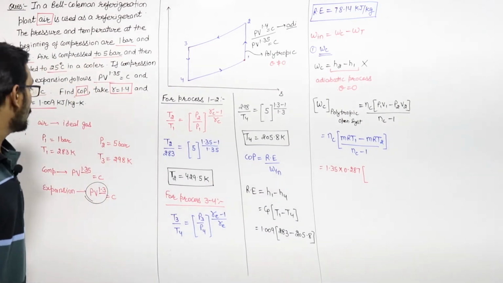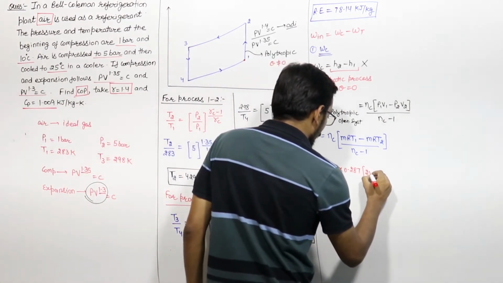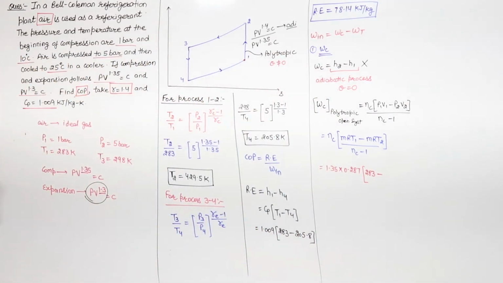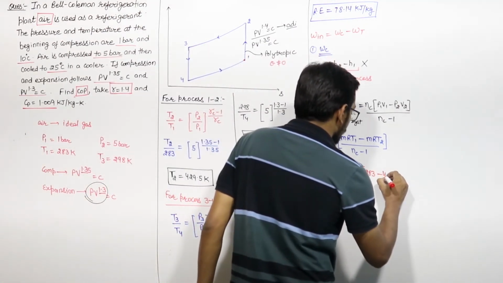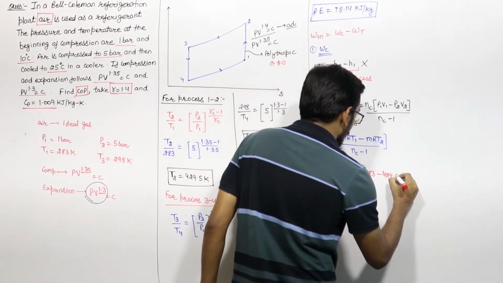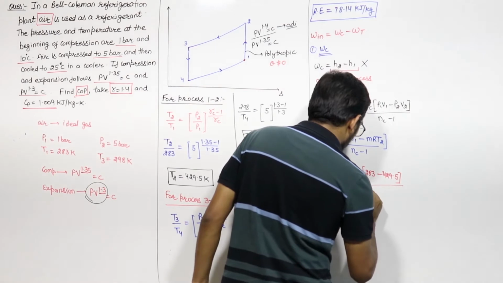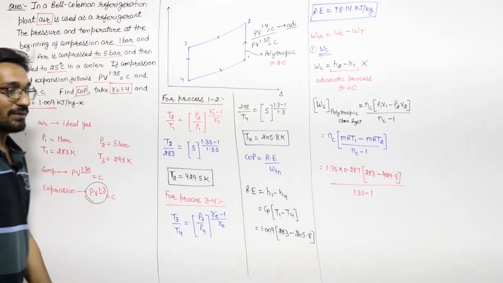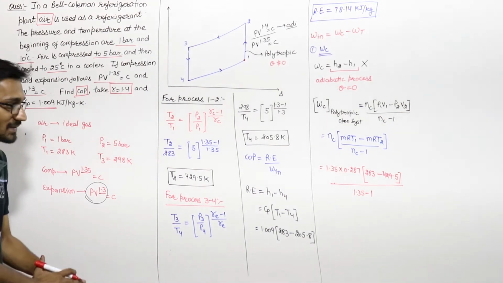How much is T1? 283, right? Minus T2. How much is T2? T2 we found 429.5. Divided by 1.35 minus 1. We are solving this per unit mass.